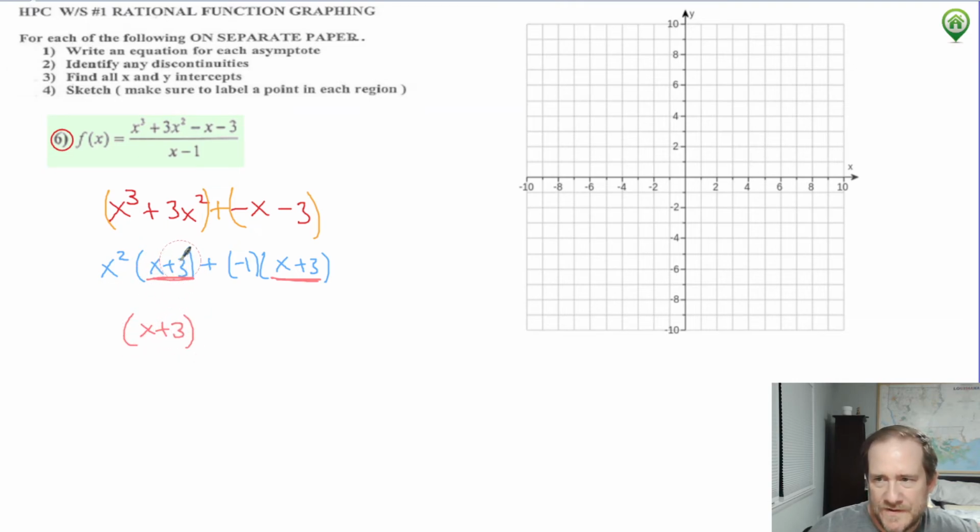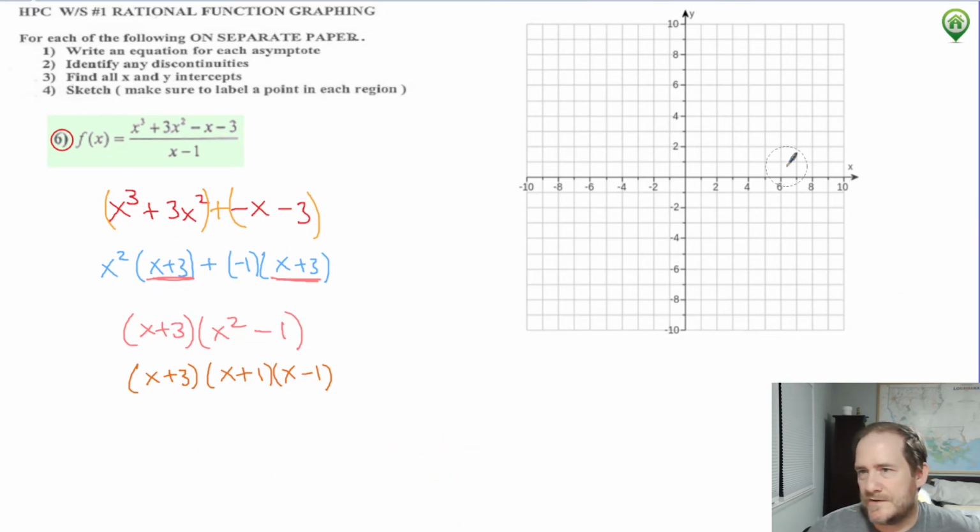And when I factor that out, I'll only have the x squared left. And I'll only have the minus 1 left. So it'll be x squared plus negative 1. So x squared minus 1. And that means I'm not done factoring yet, because I can factor that difference of squares. So you'll get (x plus 3)(x plus 1)(x minus 1). So there's that thing factored.